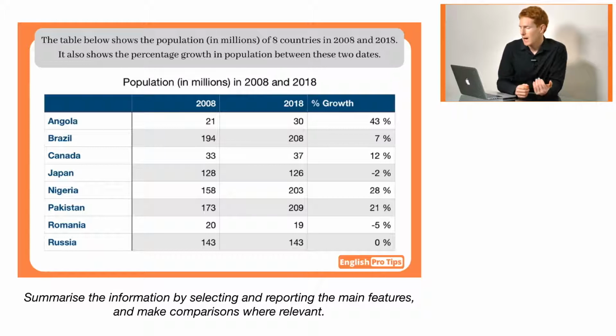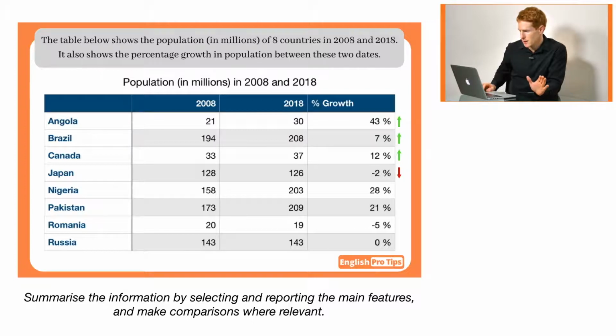So if we look at Angola, we can see that the population increased between 2008 and 2018. So on the question paper, just draw a little upwards arrow. Then look at Brazil, and we can see that it also increased. Likewise with Canada. Now in Japan, the population decreased between 2008 and 2018.